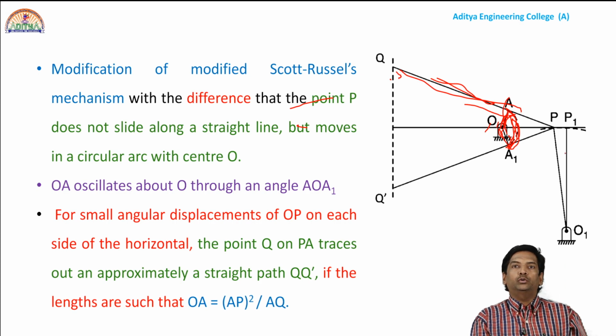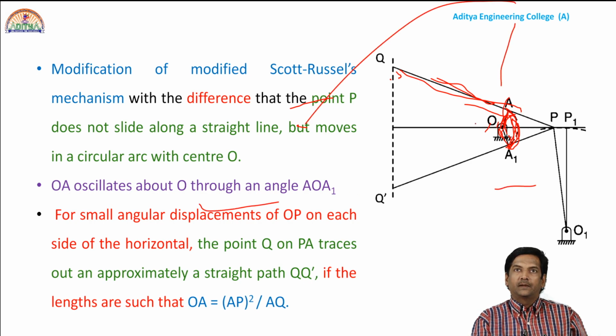Now, the point Q and PA are to trace approximately a straight line Q, Q dash. The condition is the same thing as earlier, AP square by AQ.